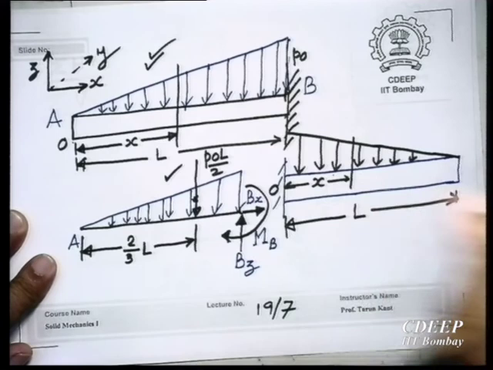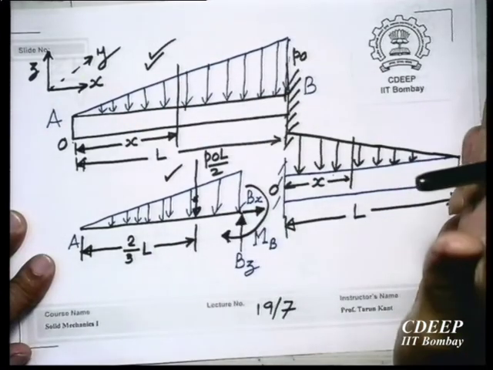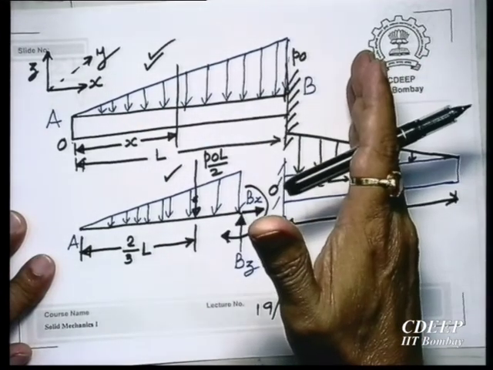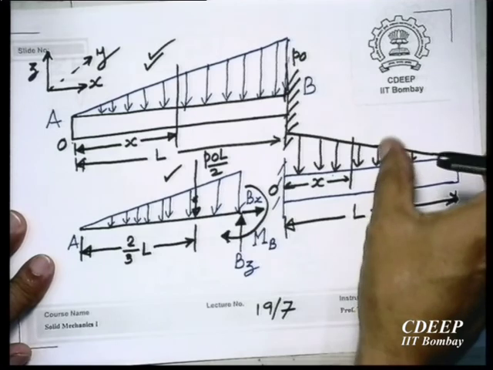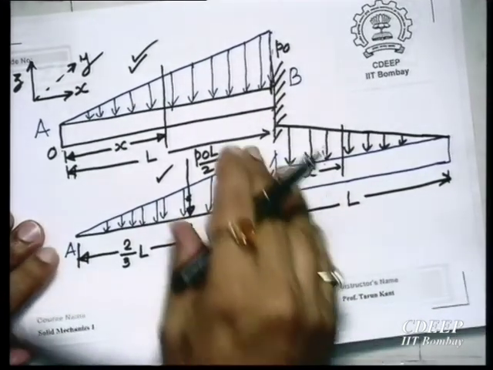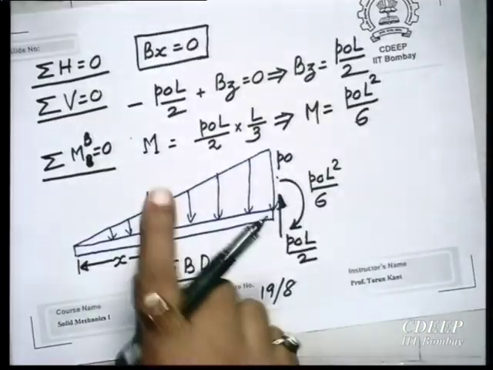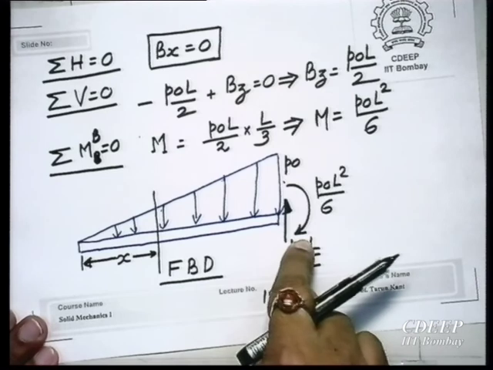You cannot take your x that way, then you will make mistakes. X will be then negative. Yes, you can take your free body diagram from this side, but then you are always considering this face as negative face, while we are considering positive face. So, if you take this diagram, there was no need for me to find this reaction.